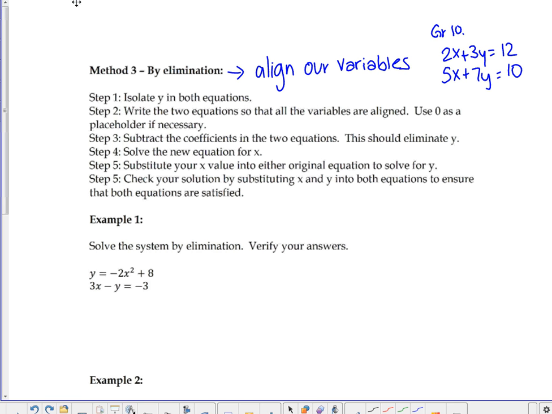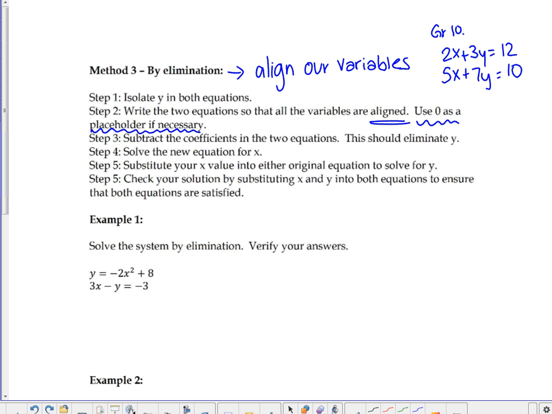Right? That key is that align. If you have to use 0 as a placeholder, oh, I have the best video to show you. Oh, it's so good. It's all about 0 being just a placeholder. Oh, I can't wait to show you.